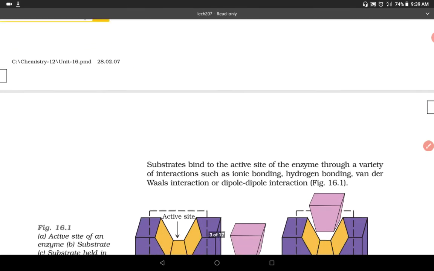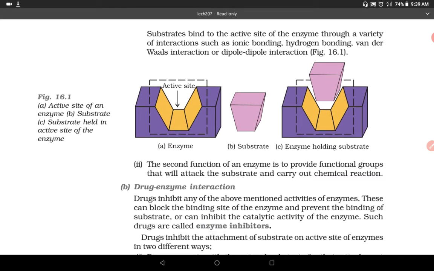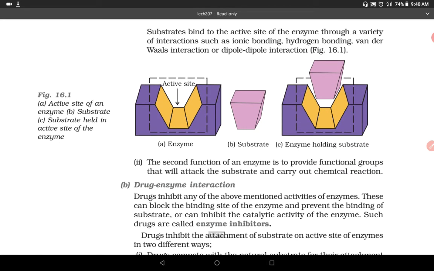That is what the diagram the textbook has given. Substrates bind to the active site of the enzyme through a variety of interactions such as ionic bonding, hydrogen bonding, van der Waals interaction, and dipole-dipole interaction. Some people ask how the substrate fits or binds into the active site.